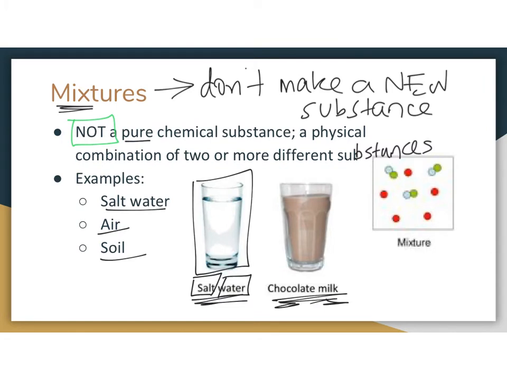If you can separate it back out, so for example, if I stirred salt and water and then I left it there, I might get some salt at the bottom. Or if the water were to evaporate out, I'd get just salt again. If you can reverse it, this is reversible, then you have a mixture. That's a really good hint that you have a mixture. Or if you didn't make a new substance.